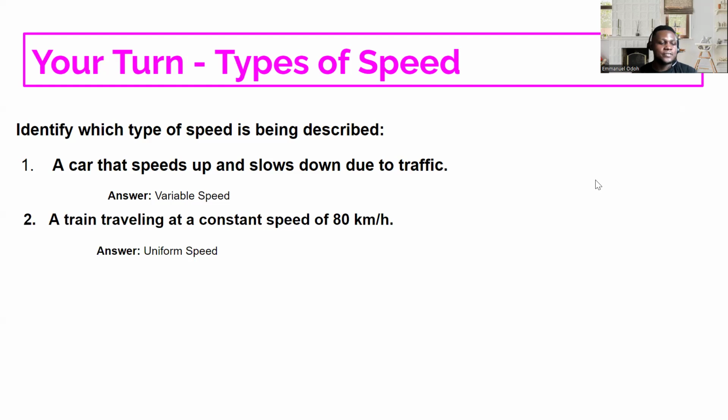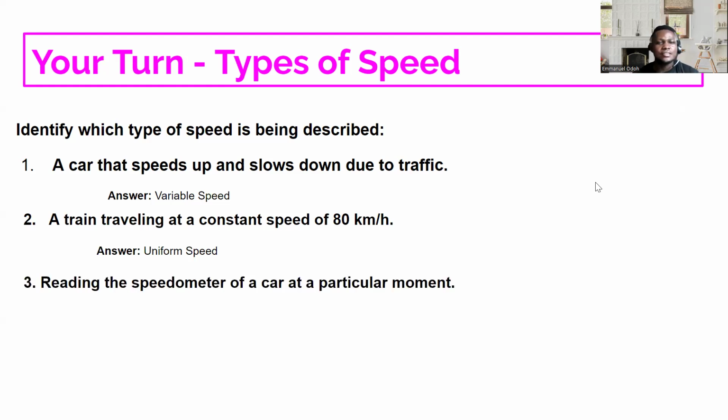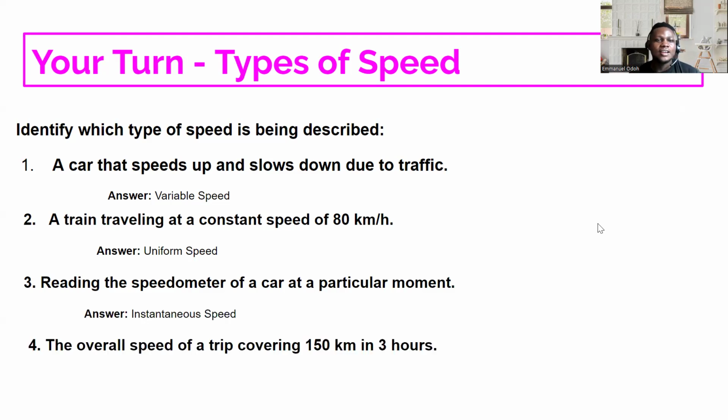The answer is uniform speed. Reading the speedometer of a car at a particular moment, what type of speed is that? I know you got it. It is instantaneous speed. And the overall speed of a trip covering 150 kilometers in 3 hours, what type of speed is this? Yeah, you got it. It is the average speed.